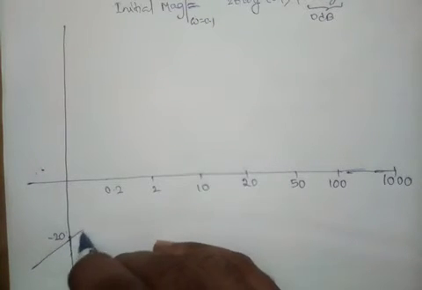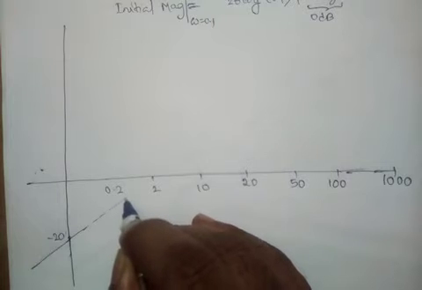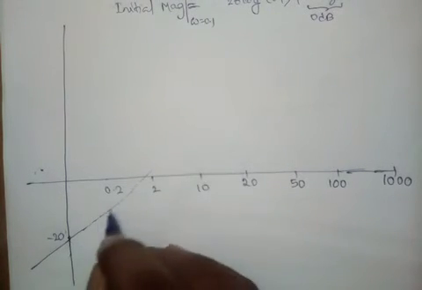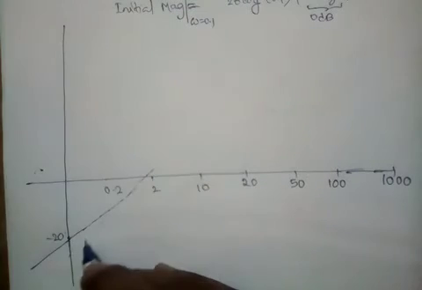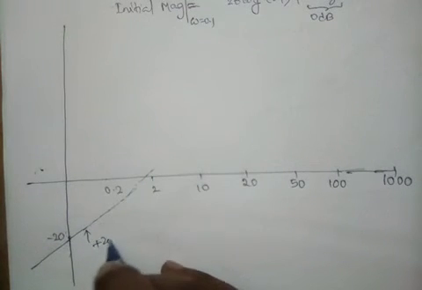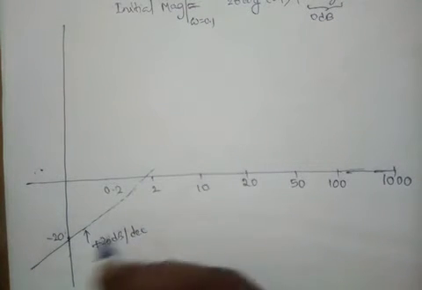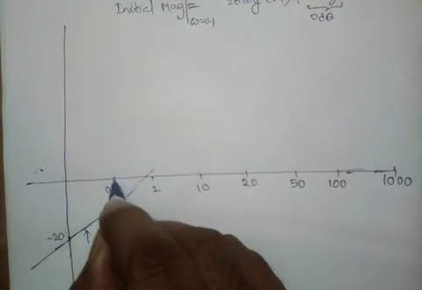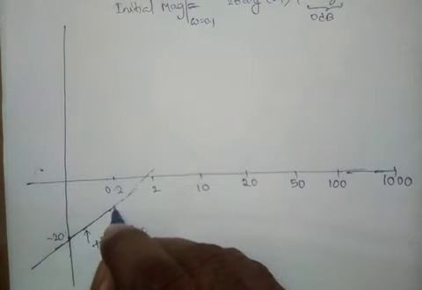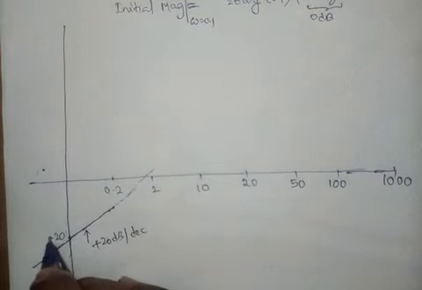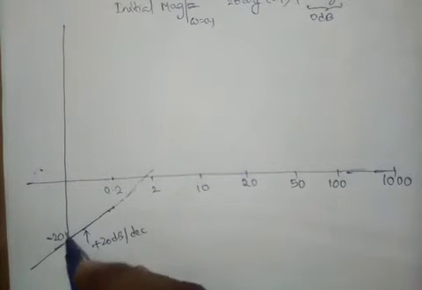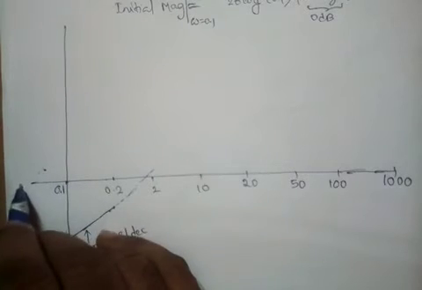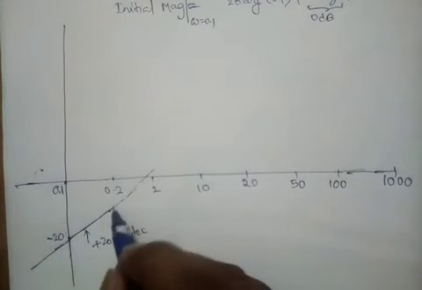Initial slope is plus 20 dB per decade. The initial slope plus 20 dB is maintained till it reaches the first corner frequency. Minus 20 dB is the initial magnitude existing at the assumed frequency 0.1.